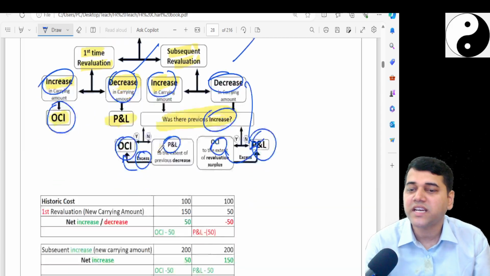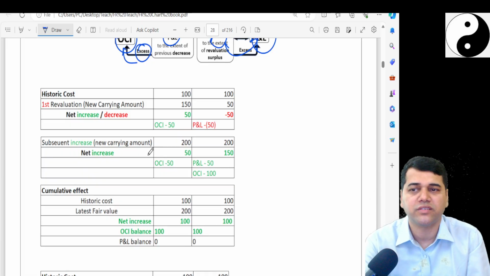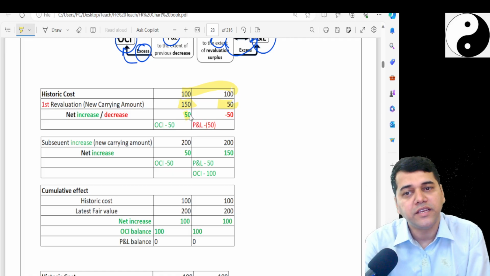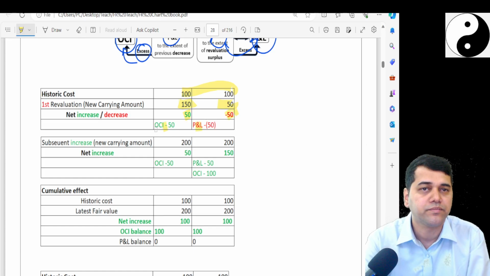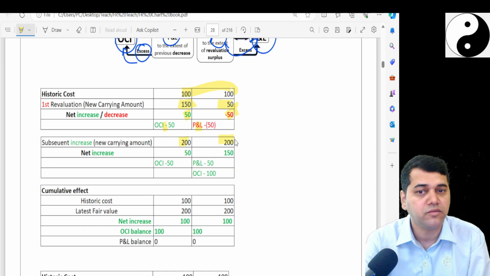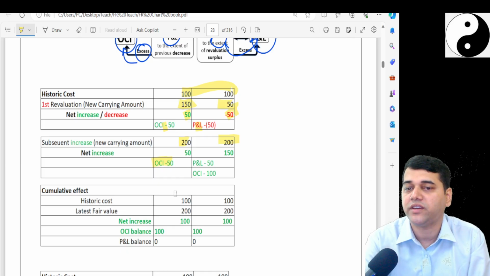See, for your understanding, I have given one example, not required as such. You can go through this, like I have given with the numbers. Like first time, historic cost is how much? 100. First time increase happened, decrease happened. Increase you take to OCI, decrease you take to P&L. Then subsequently, increase happened, one scenario. So first time also increase, second time also increase, you take to OCI.